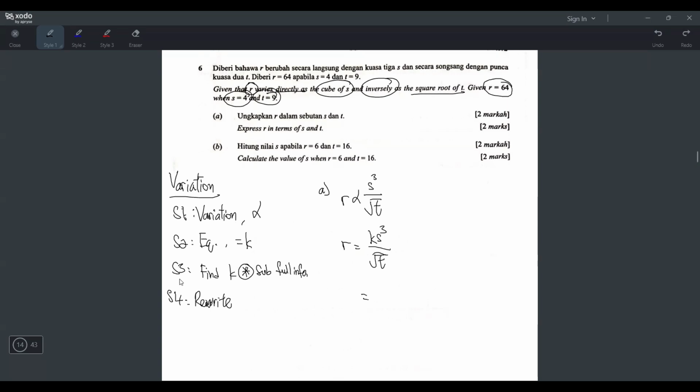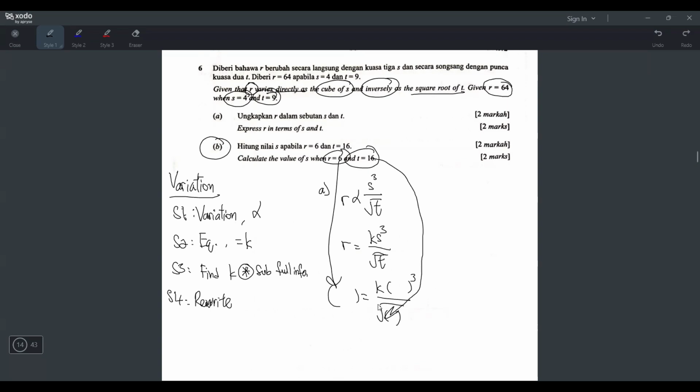Now we can do step 3, find k. But do you agree that if I want to find k, I need to have r, I need to have s, and I need to have t? All three, r, s, t, must be there. If one is missing, I cannot do it. For example, in part b, they say when r is 6, t is 16. Can I sub r = 6, t = 16 here?